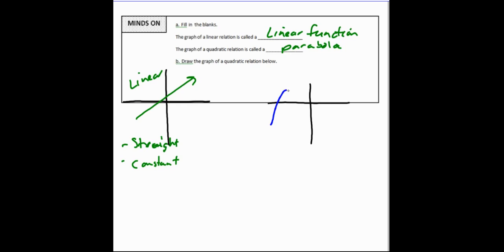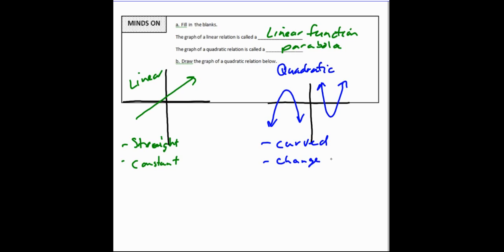You could see a parabola like this going downwards. You could have a parabola going upwards. So this is a quadratic: curved, changing. All right, so good. That's the difference between linear and quadratic.